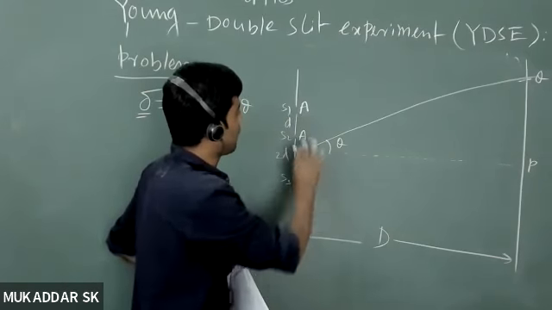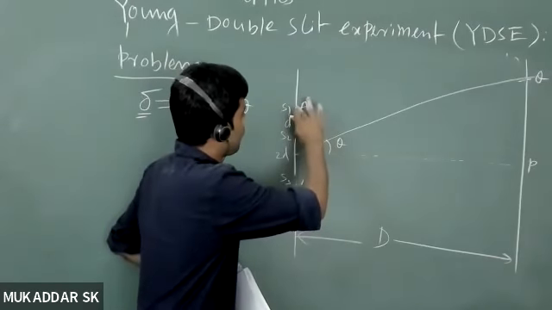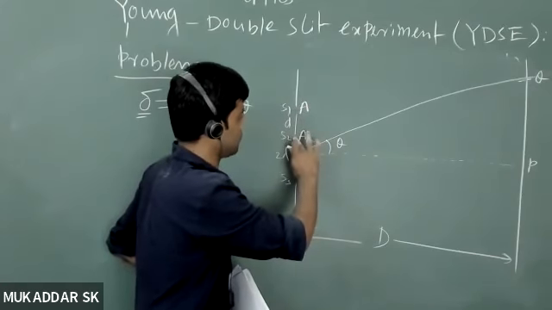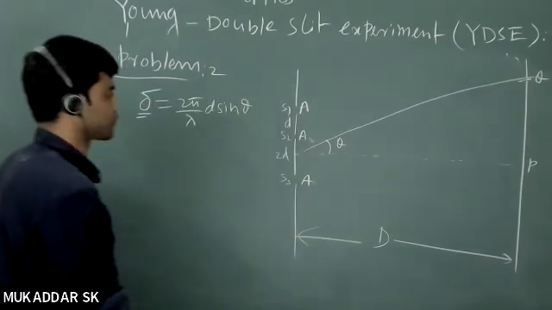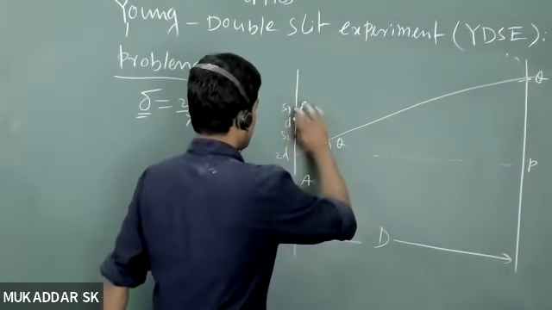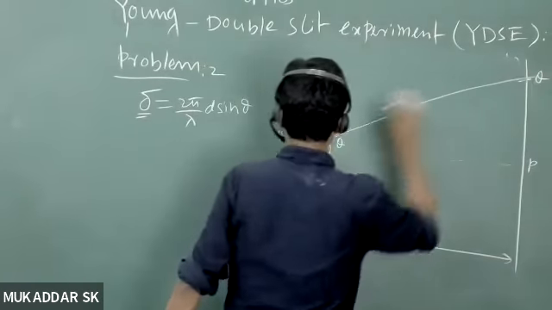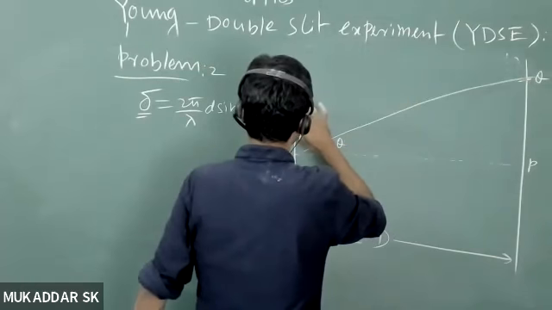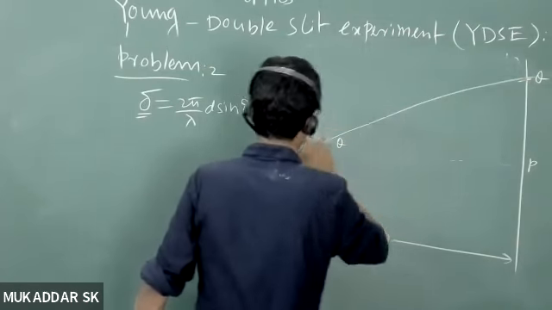ठीक है. अब बताओ S1 और S2 के बीच में जो रे है इनका फेज डिफरेंस कितना हो जाएगा? Ray is coming from S1 meeting here, ray is coming from S2 meeting here. So how much will be the phase difference between these two rays, S1Q and S2Q?